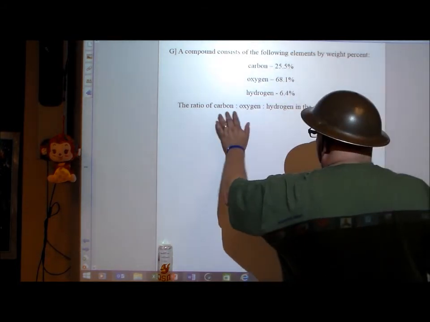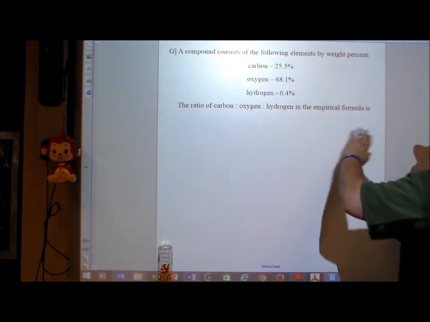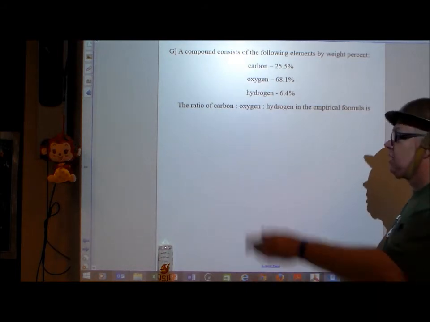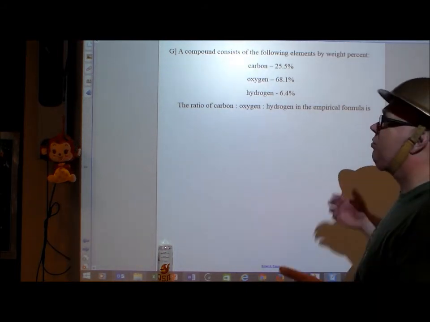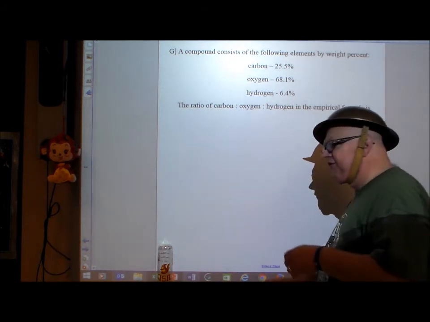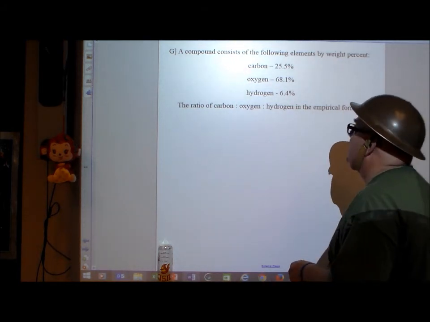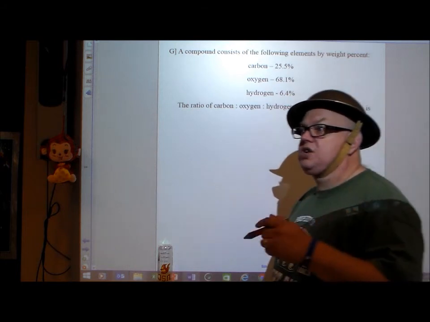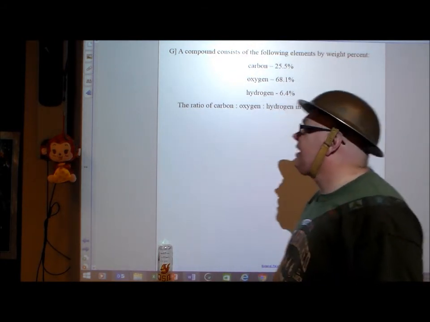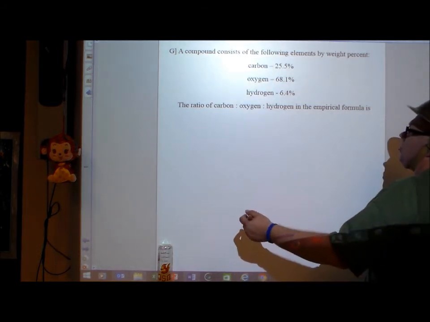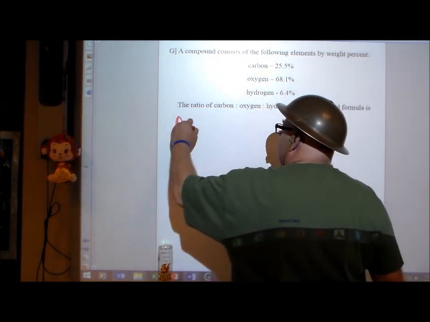Now, the ratio of carbon, oxygen, hydrogen in the empirical formula is, this is where we have to start. So, where do we go about this? Well, the first thing I'm going to assume, and on your test you would actually be able to write on the paper itself, just letting you guys know, I'm going to assume 100 grams.